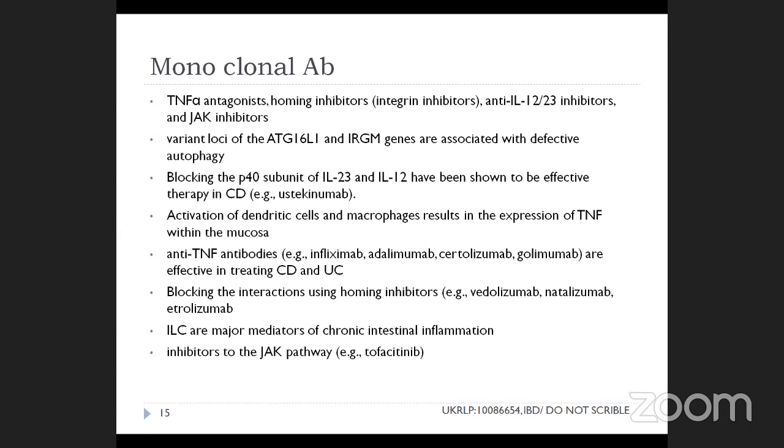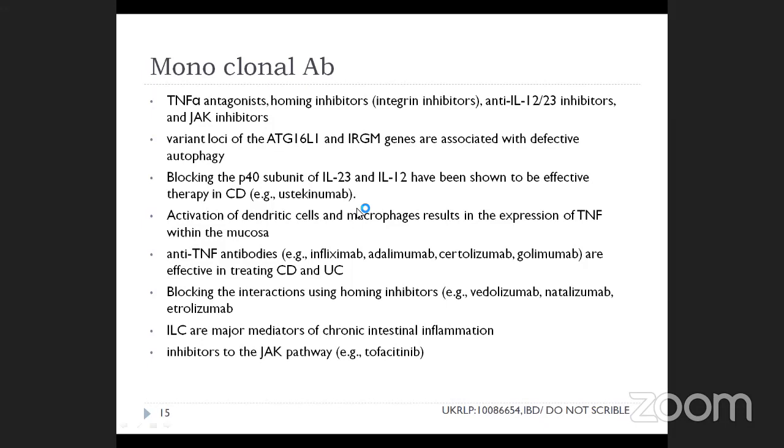We know plenty of things about the pathophysiology of the inflammatory bowel diseases, and these are the monoclonal antibodies which are helpful for targeted therapy of the inflammatory bowel diseases. The most important ones involved are TNF alpha antagonists and TNF antibodies, and there is a monoclonal antibody against the P40 subunit of IL-23 and IL-21.